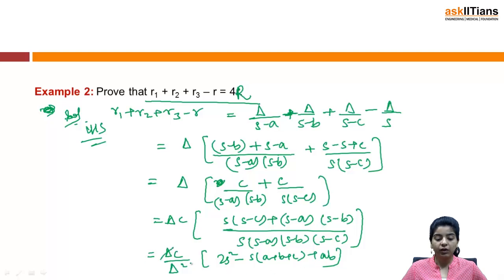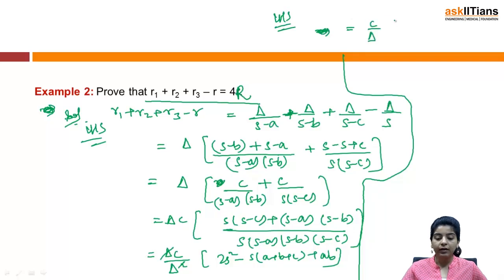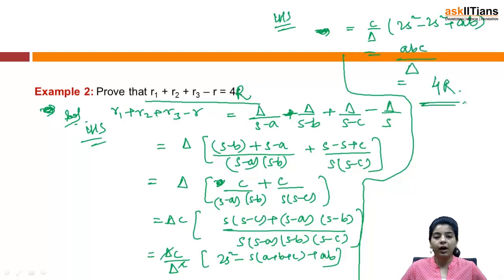One delta will get cancelled, and then this is our LHS, so this is equal to C by delta, and then we have 2S square minus 2S square plus AB. So this also gets cancelled. We have ABC by delta, and that is equal to 4R. So this is what we were required to prove.